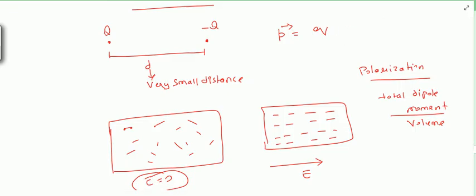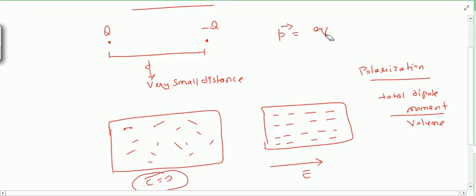Basically this is not a dot product, because Q is a scalar quantity and we just have Q multiplied with d, and here I've taken capital Q. So this will be the dipole moment. And as you see, this is a vector quantity.